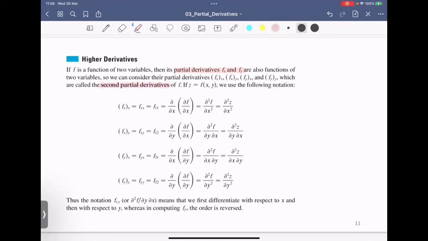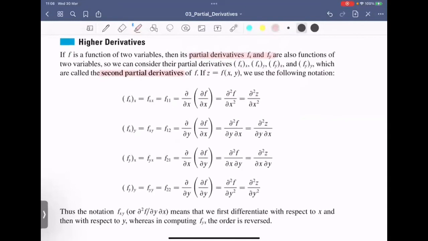It's going to be this notation. Let's look at the notation first. It's a little bit confusing, but you get better after you see it. The first one is, if you take the derivative with respect to x on the first term, you take x on the second term. The notation is going to be this one.